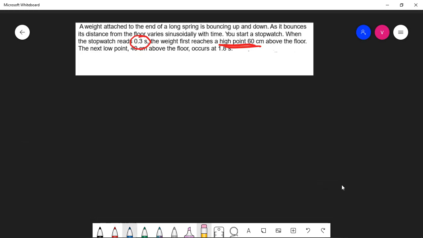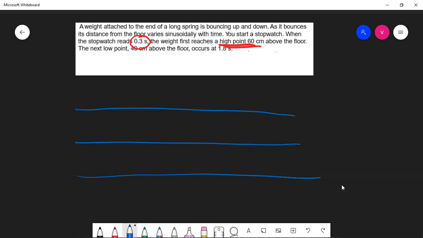Okay. So here we go. Quadrant 1, again, draw it so you can see what's happening there. Okay, so you have a high point at 0.3 seconds of your spring.